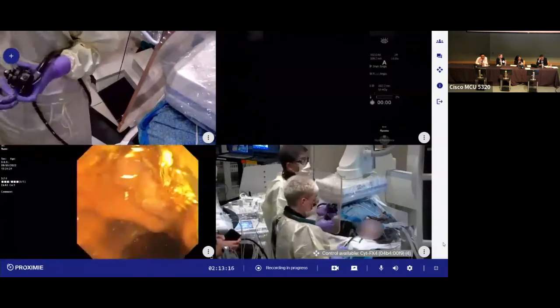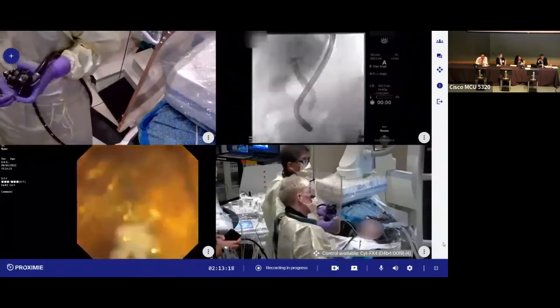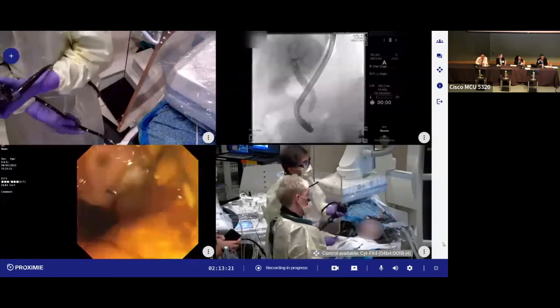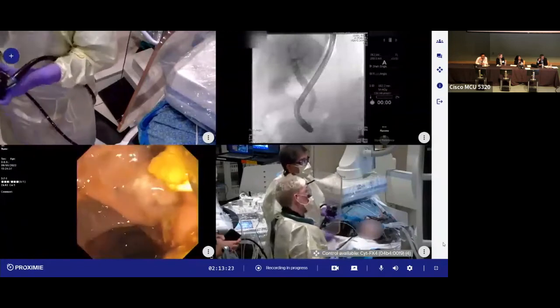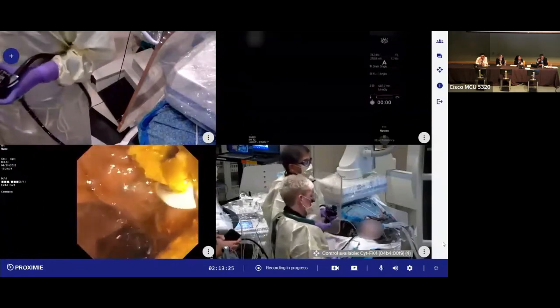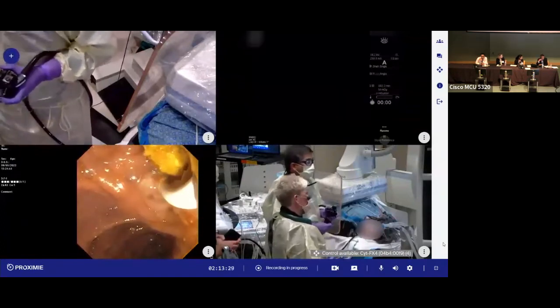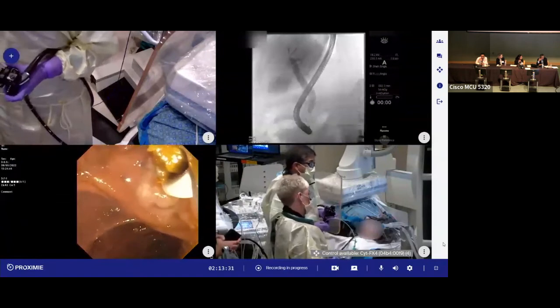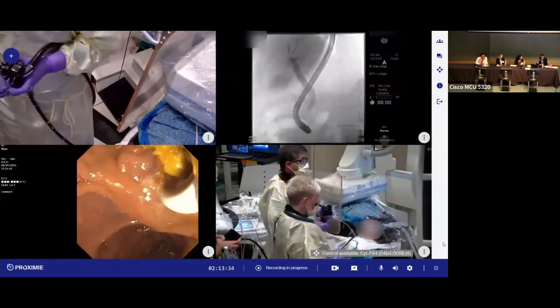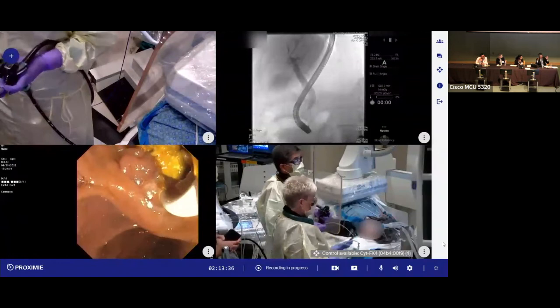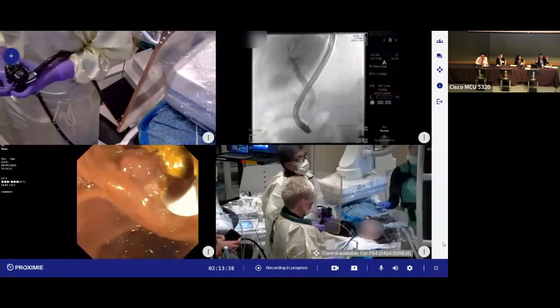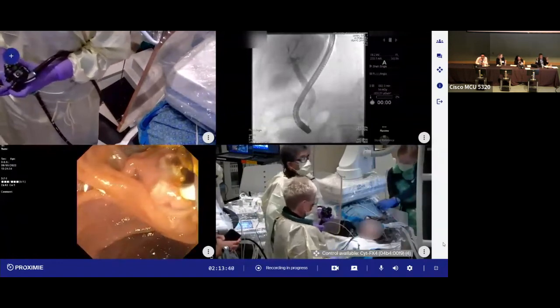Yep, there is one single randomized control trial that's demonstrated continuous irrigation for a few minutes actually improves your rate of complete removal of stones. I think we do that in routine practice, especially in patients who have massively dilated bile ducts, and you can use normal saline.